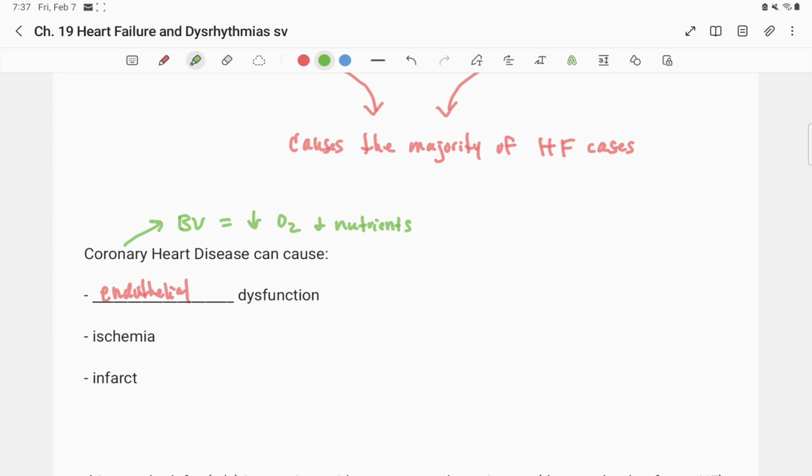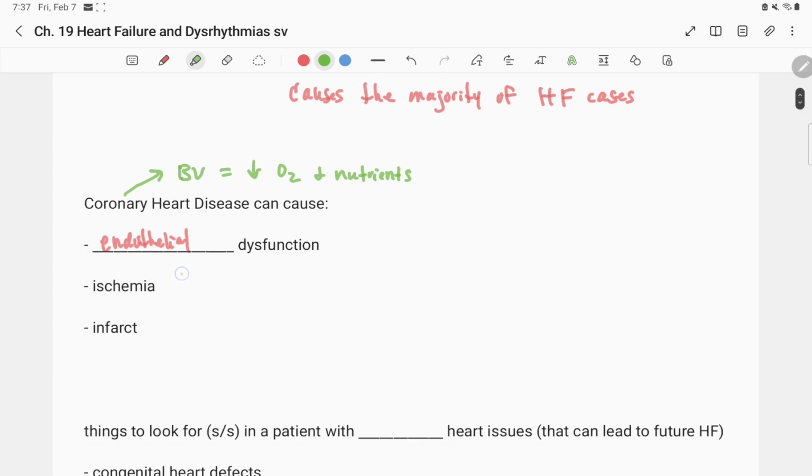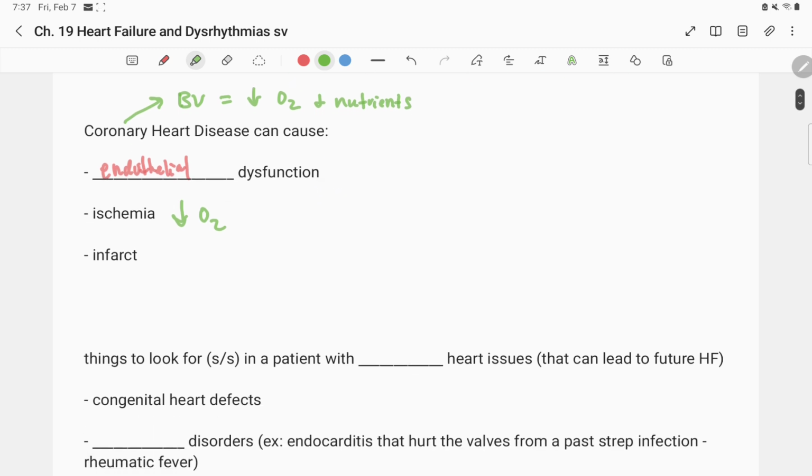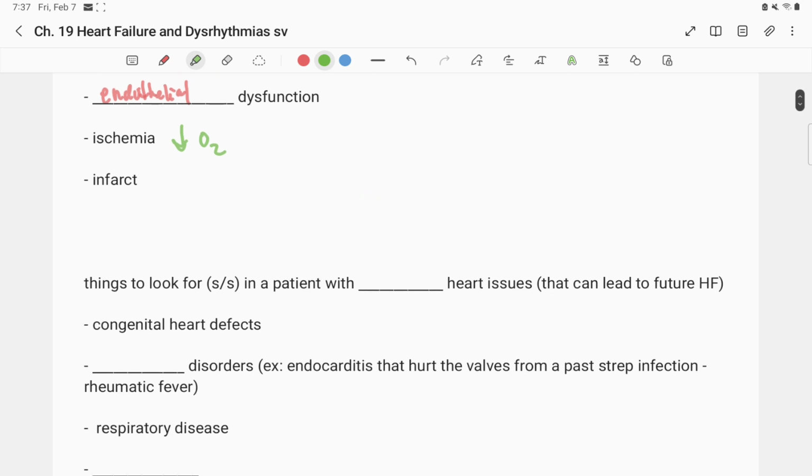So in other words, the heart cells are experiencing a deprivation of oxygen and all that. Over time, that hurts tissue. So endothelial cells start to die. Ischemia is the lack of oxygen, and an infarct starts to set in.